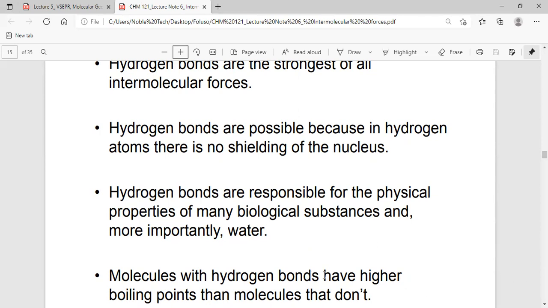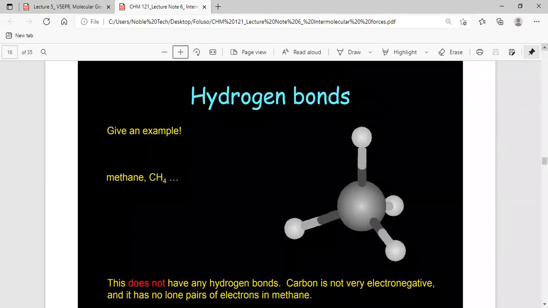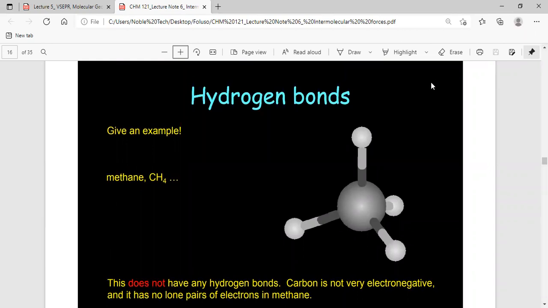It is responsible for the high melting point and high boiling point of molecules. If you compare, for example, water and methane, methane does not have hydrogen bond. Water has hydrogen bond. Carbon dioxide too does not have hydrogen bond, and carbon dioxide is equally not polar.